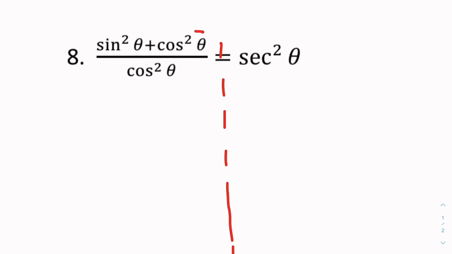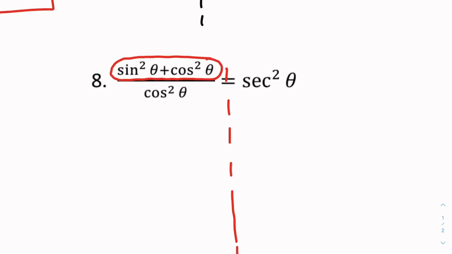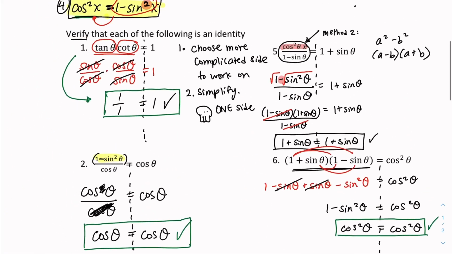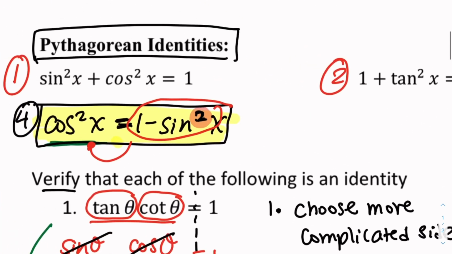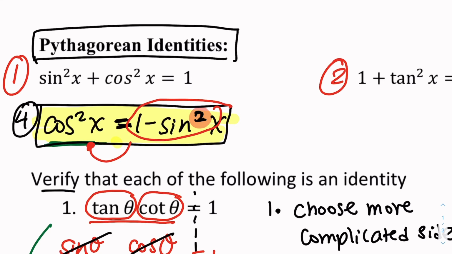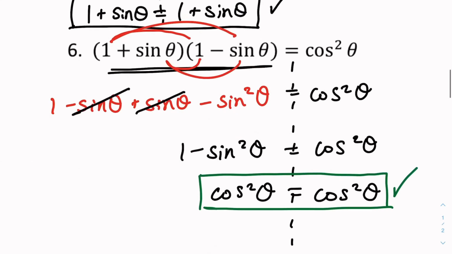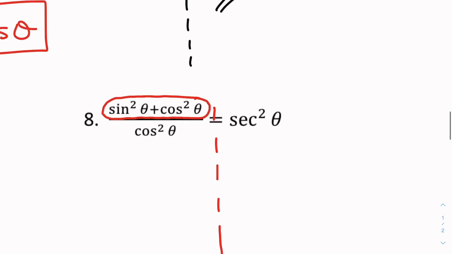All right, on the left side, I'm noticing sine squared plus cosine squared. That's a formula. That's actually the first formula that we learned. Coming back here, you see sine squared plus cosine squared is really equal to 1. Amazing. So we got to use formula 1 finally. Sine squared plus cosine squared is just 1.